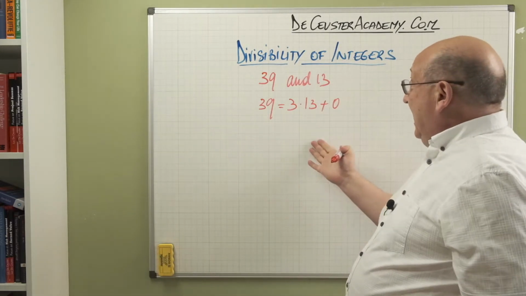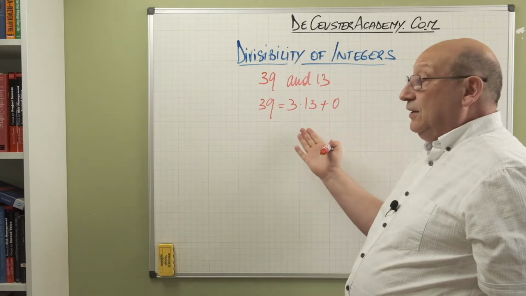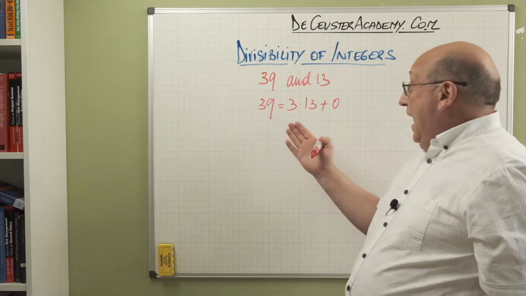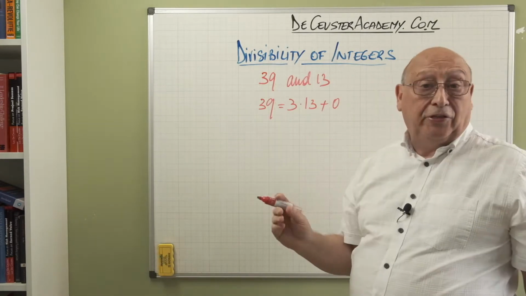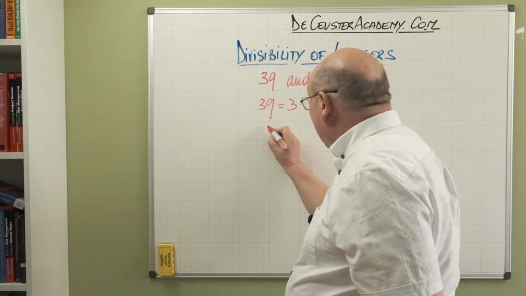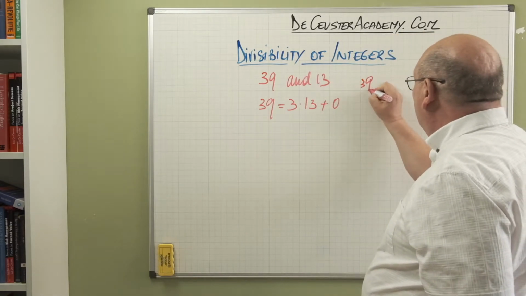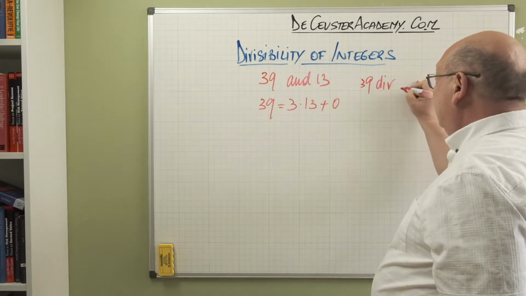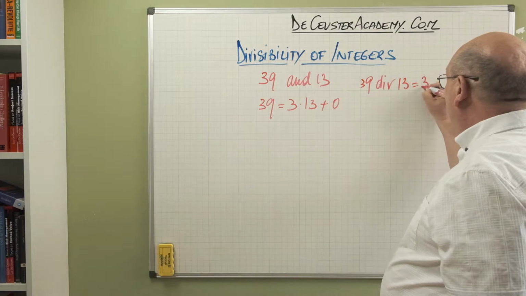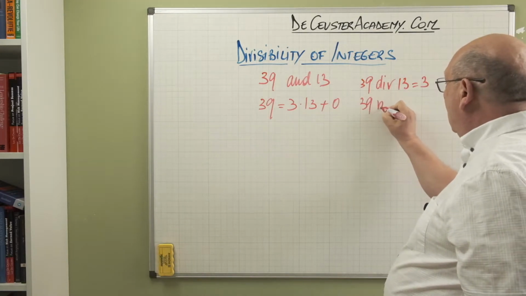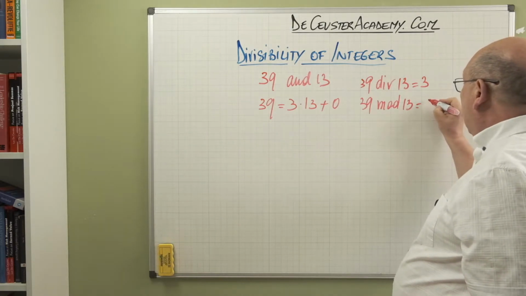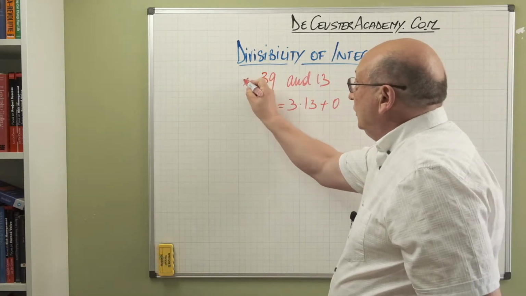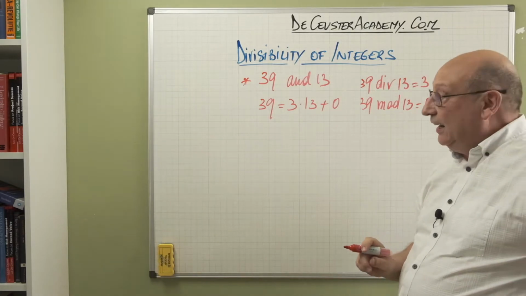In this case, 39 can be divided by 13, and 39 is a multiple of 13. We can then say that 39 div 13 is 3, and the modulo of 39 divided by 13 is 0. So this was another exercise.